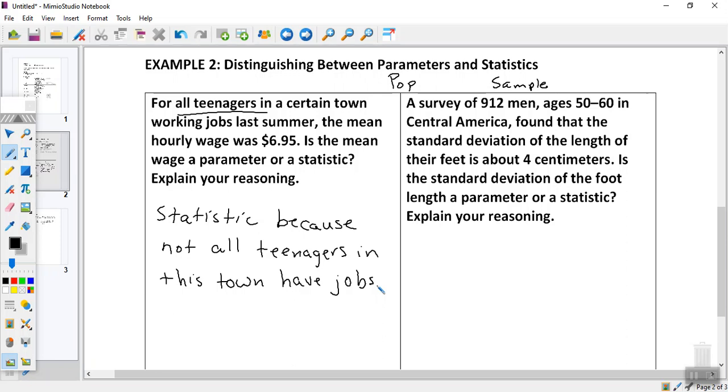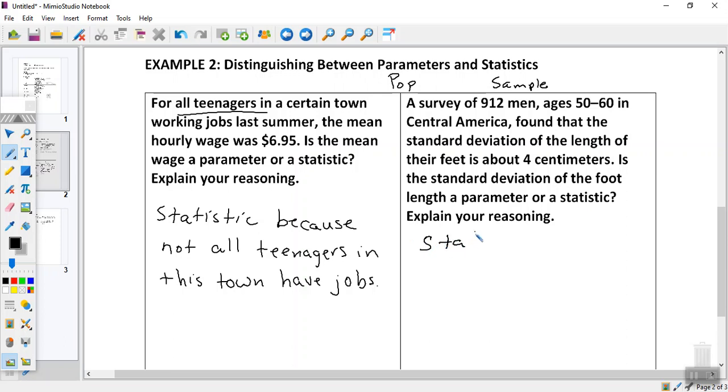You guys are thinking statistic? Really? I would put statistic. And your reasoning being? Let me look it up. I don't believe there's only 912 men. Okay. You don't know that for sure, do we?